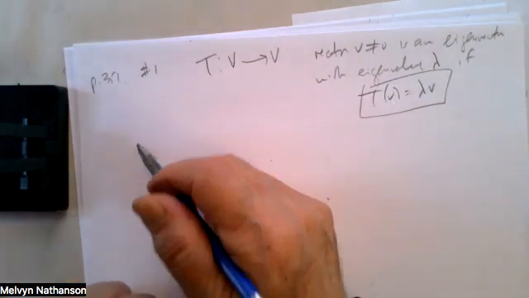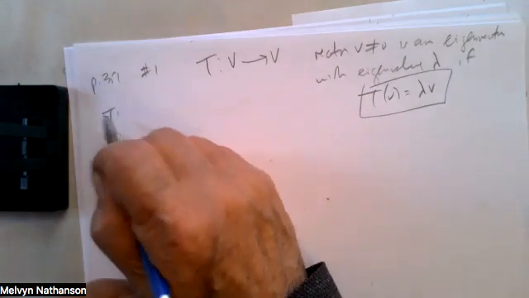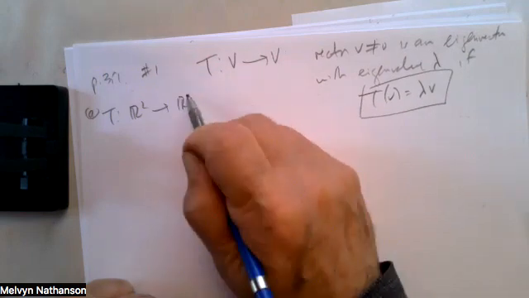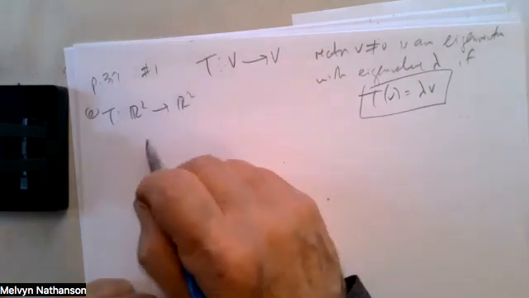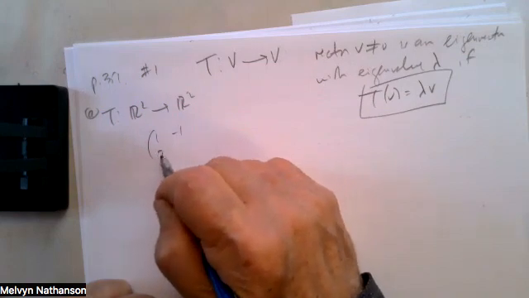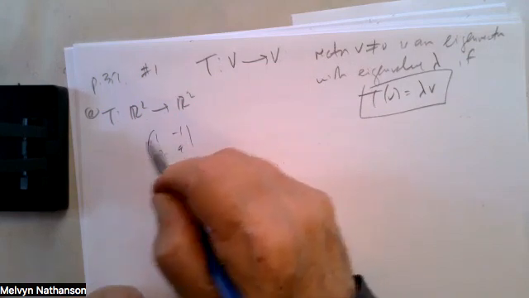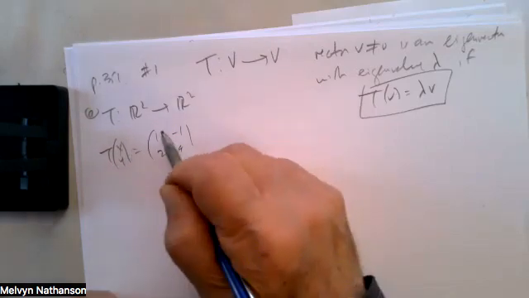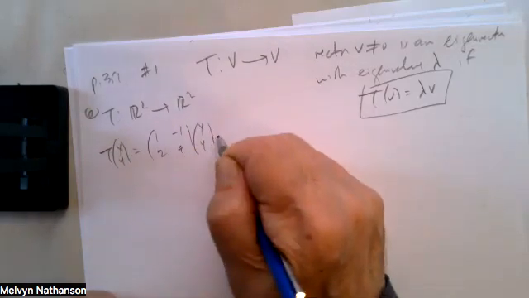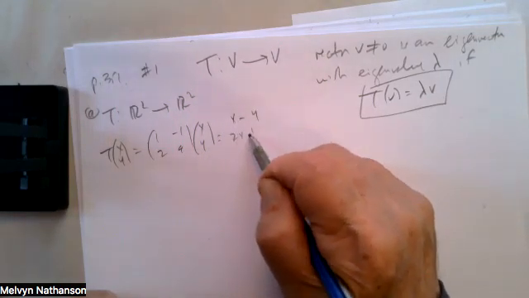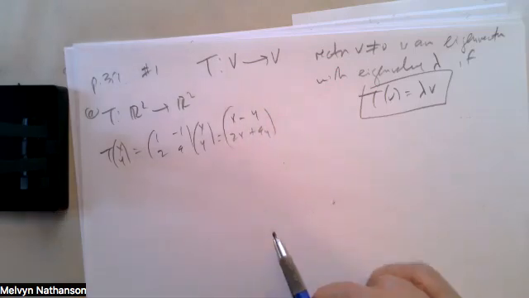So we consider the operator T, this is in part A, from R2 to R2, defined by the matrix 1, -1, 2, 4. This means T of the vector, let's say xy, is this matrix applied to xy. That's x minus y, 2x plus 4y.